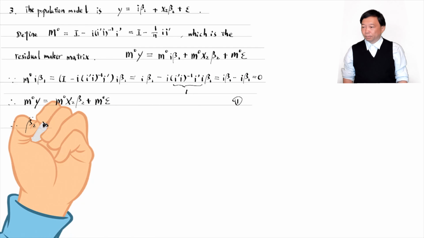Using the fact that the residual maker M0 is symmetric and idempotent, we can show that beta 2 hat is also the OLS estimator from the regression of y on the transformed x. But we cannot get the same result if we only transform y.